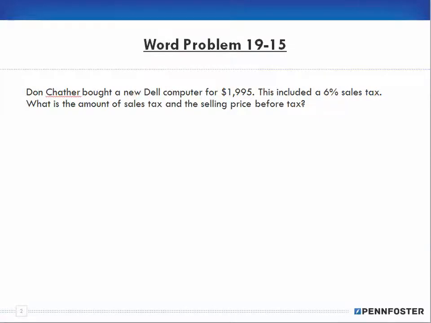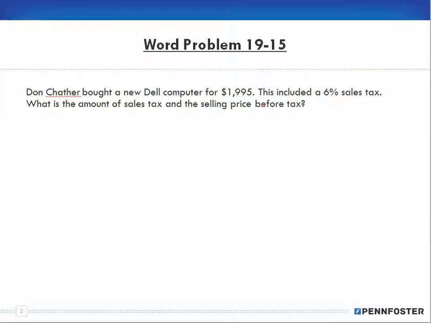Word problem 19-15. It says, Don Chather bought a new Dell computer for $19.95. This includes a 6% sales tax. What is the amount of the sales tax and the selling price before tax? Read the problem.